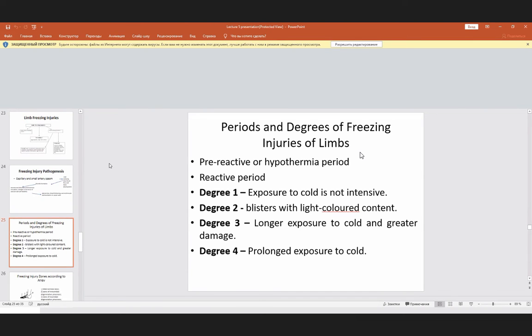Signs of thrombi formation appear on the 3rd or 4th day of the reactive stage.